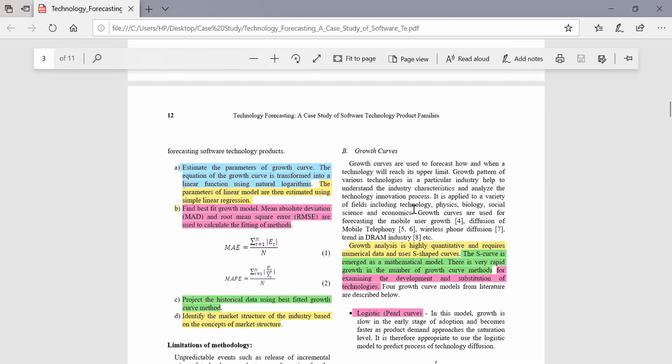Irrespective of the area in which people are working, in every area now they are implementing this growth curve technique to forecast technology tools and methods. These growth curves are used for forecasting mobile user growth, the diffusion of mobile telephony, even wireless phone diffusion, and also the trend in the DRAM industry.